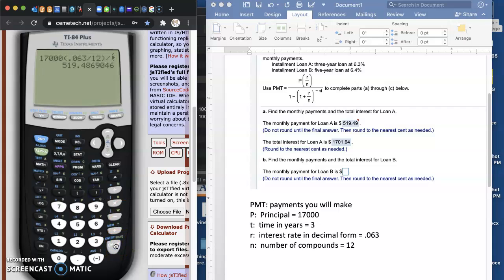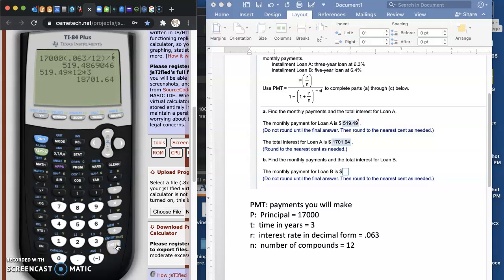And then I'll just enter, and we find out that our monthly payments are going to be $519.49. So you can see that's the correct answer there. Then if you want to know how much of that was total interest, you take the $519.49, and remember we paid that once a month, so that's 12 times for 3 years.